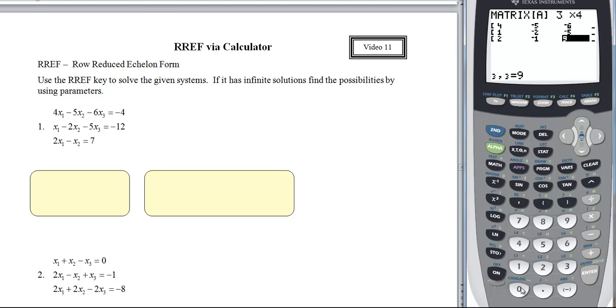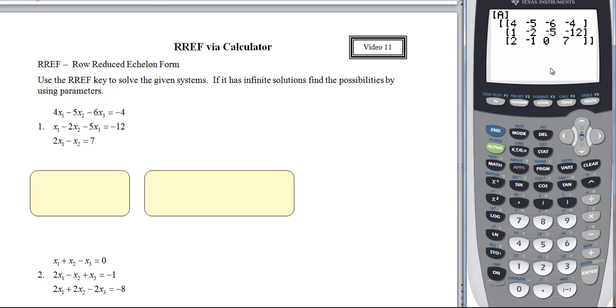Notice my x sub 3 here is 0. Let's do second quit. Go access it one more time to double check. So there's 4, 1, 2, 5, negative 2, negative 1, negative 6, negative 5, 0, negative 4, negative 12, and 7.